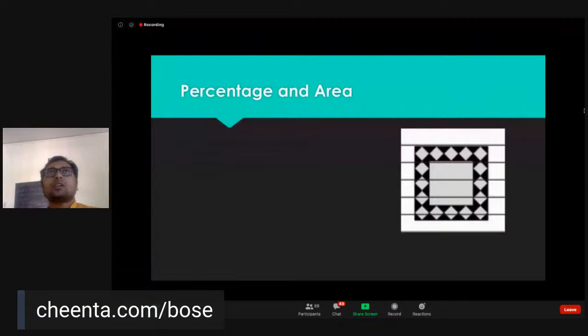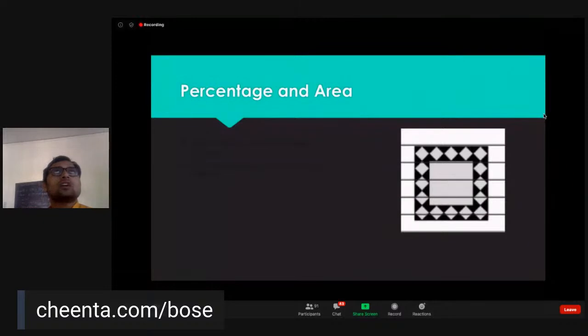Today we will be talking about one of the most powerful tools of solving geometry problems, and that is related to area. And it's not as much about counting or calculating the area, because we all know how to do it more or less.